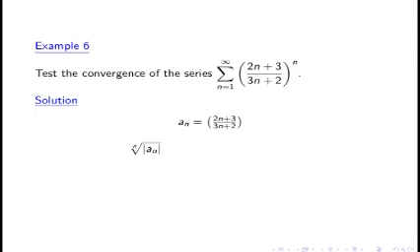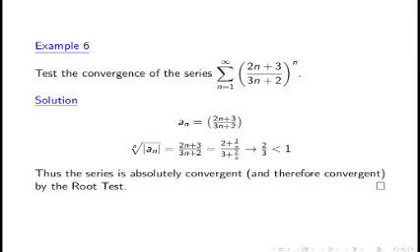Then we can introduce now the expression that we want. So the nth root of the absolute value of an will be 2n plus 3 divided by 3n plus 2. And now we need to take the limit as n goes to infinity of that expression, which turns out to be 2 over 3, which is less than 1, and hence it converges by the root test.